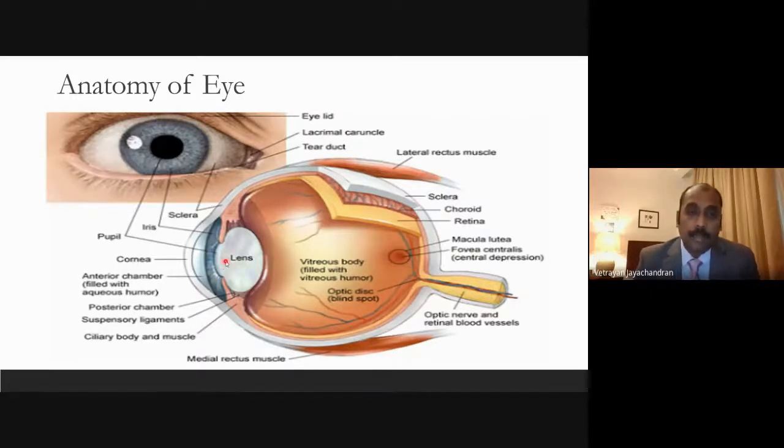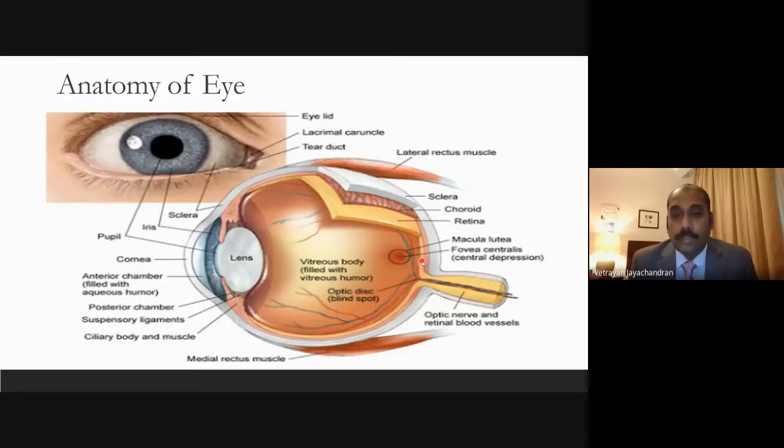After the pupil, you can see the lens. The light perception of the images falls on the lens, and the lens transfers the information straight to the retina. The retina is the part where the image falls. From the retina, the image is converted into light signals by receptors, which we call photoreceptors.